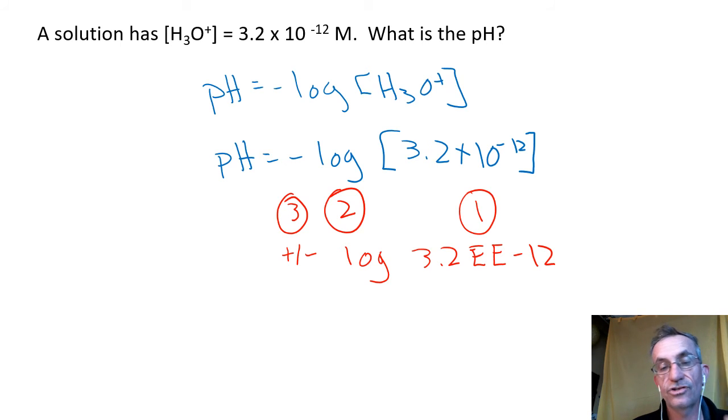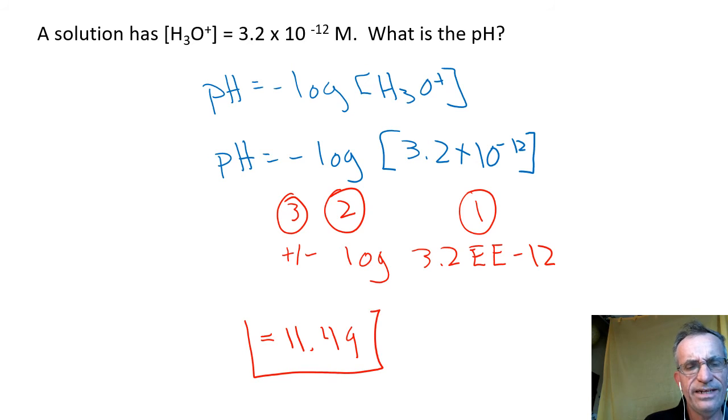My answer should turn out to be 11.49. All right, I'm not going to get into the rounding. There are some rules for rounding, but let's not get into those right now. All right, so 11.49. Now, if you're like, my calculator didn't do anything, it gave me an error message.